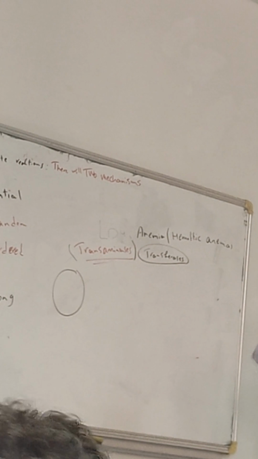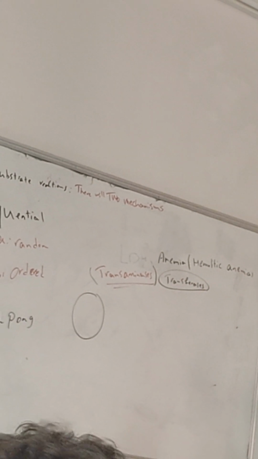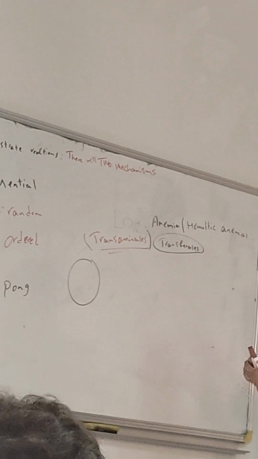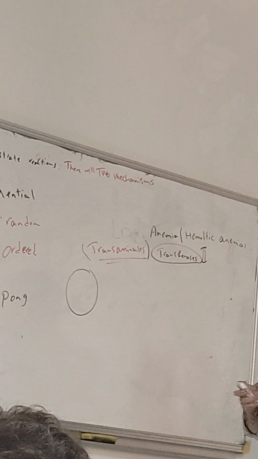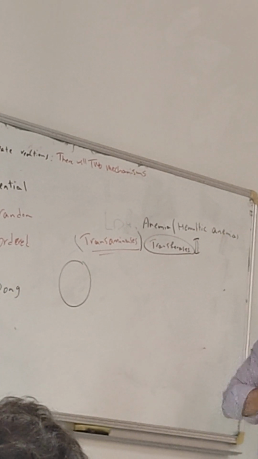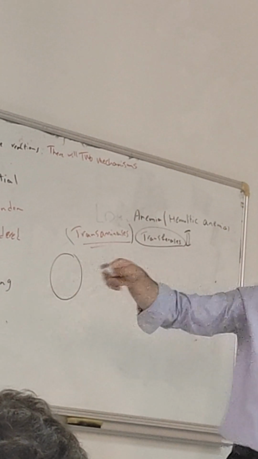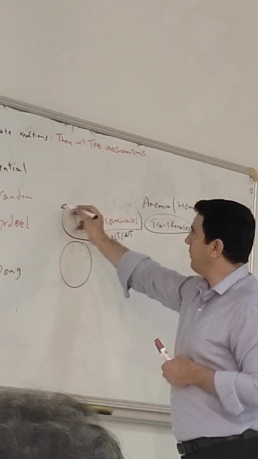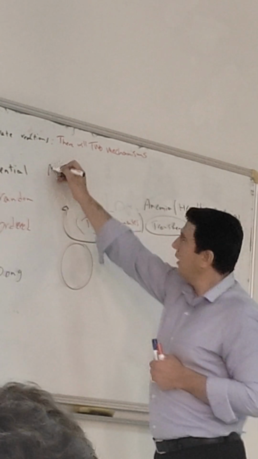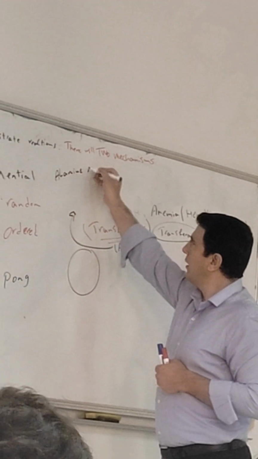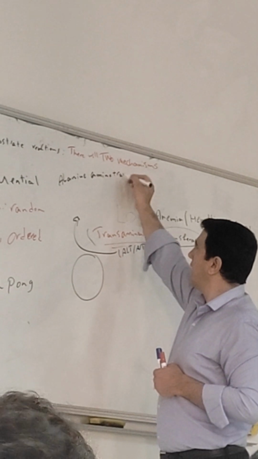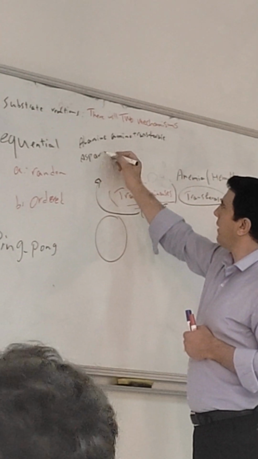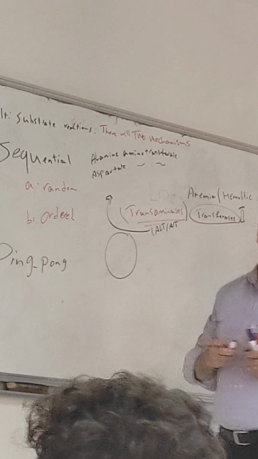This is the meaning of transaminases, which are class 2 of enzyme classification. ALT and AST abbreviations stand for alanine aminotransferase, and aspartate aminotransferase.